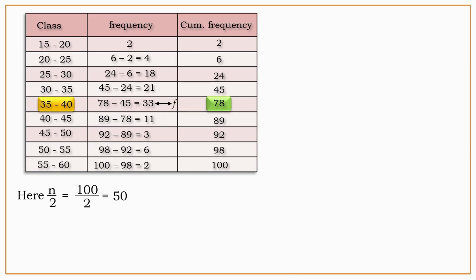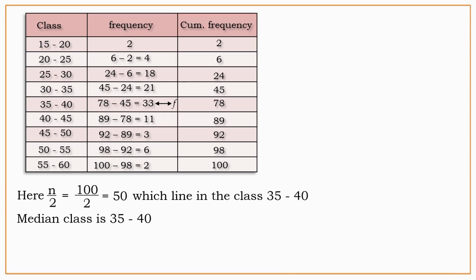So that row will be the frequency that we have considered, that is going to be the F, and the corresponding class will be the median class. So 50 lies in the class of 35 to 40. So the median class is 35 to 40.